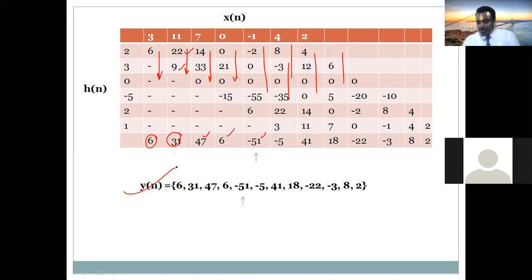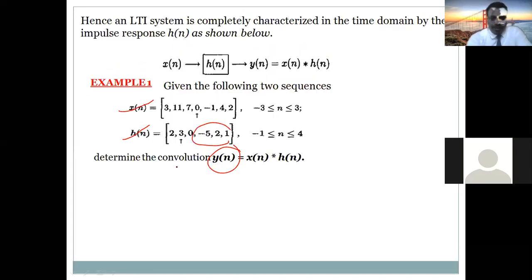Very simple method to calculate the convolution sum formula. Here, then you have to check how many samples in x of n. The length of x of n is the total samples of the input.